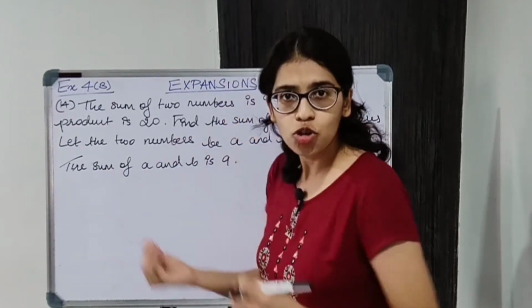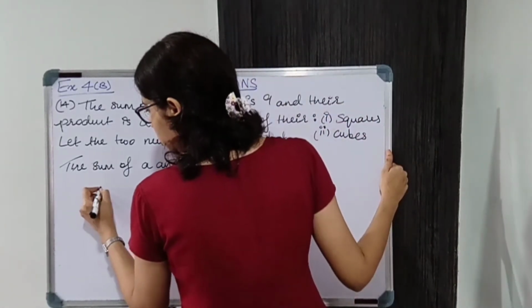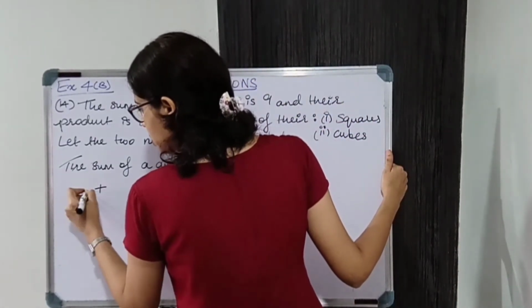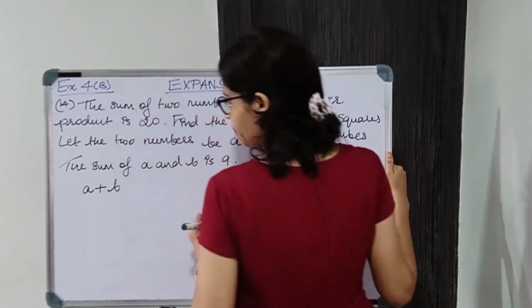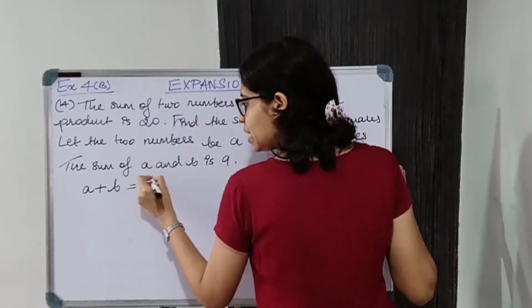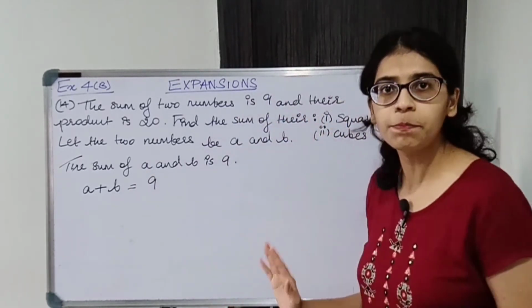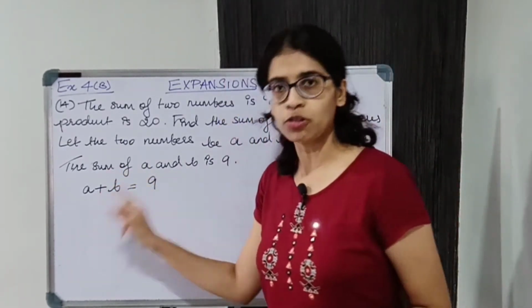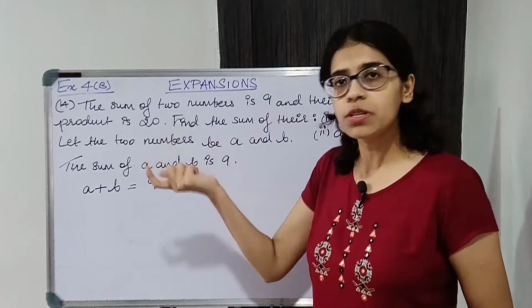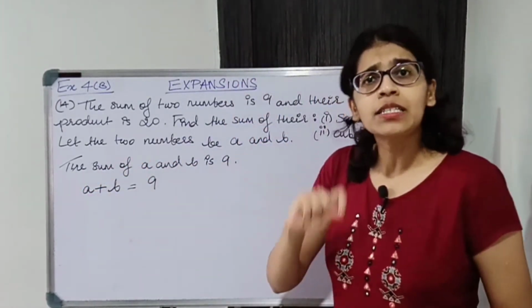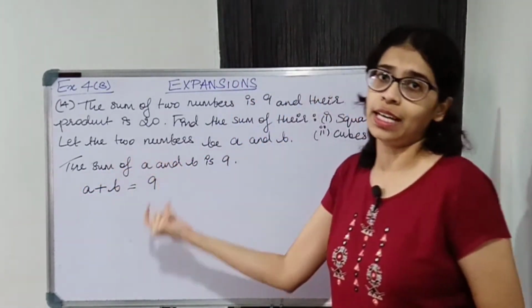Sum means addition, so the sum of the numbers a and b is equal to 9. Simple.